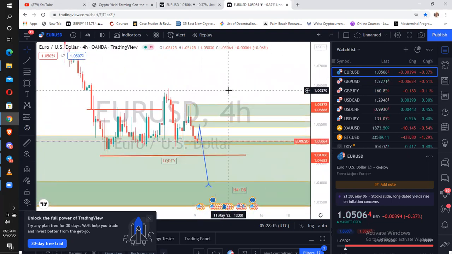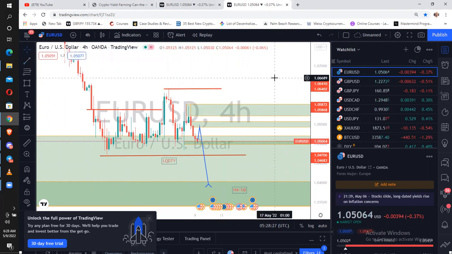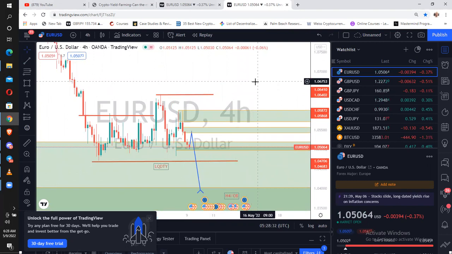If peradventure there is an unprecedented news that made this market go up and close above this level, in 4 hours, this break of structure here in 4 hours, that means this bias has actually changed to the upside. But based on what we're seeing now, this bias is a downtrend.